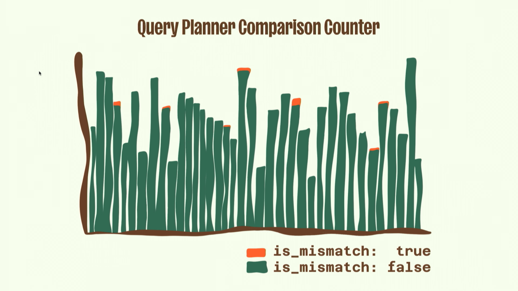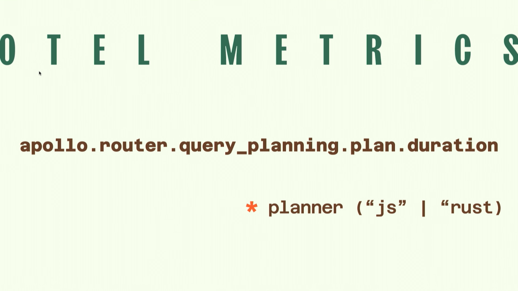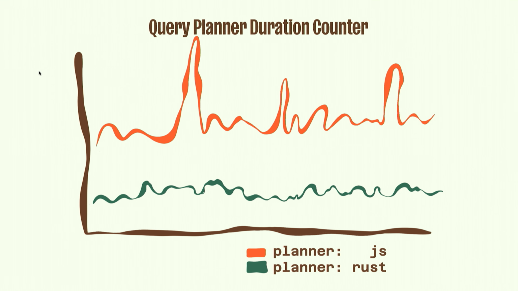This is our deployment of the router, and see what the mismatch and match ratio is between the two. And we can also look at the duration comparison between the two implementations as well. This is, for example, the one that was redesigned at 5 o'clock in the morning this time for our own deployment of the router.